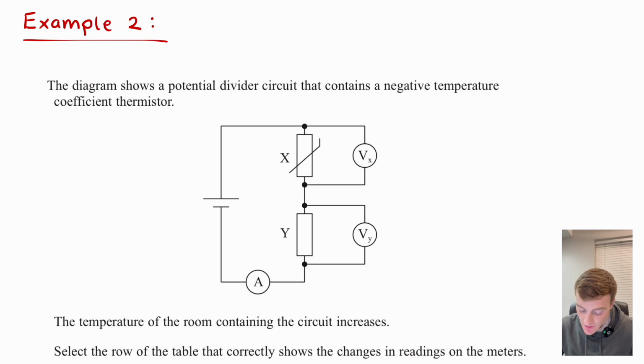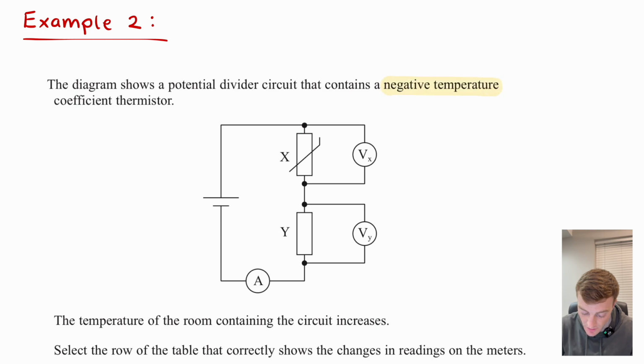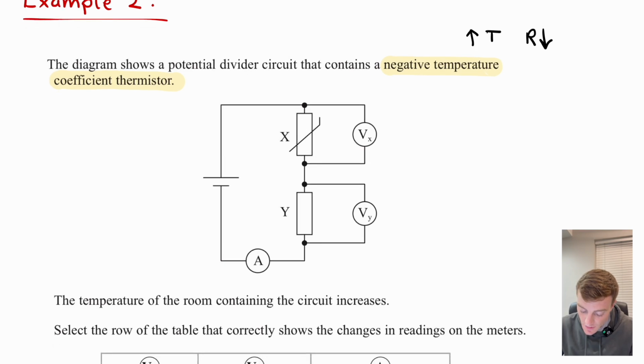The diagram shows a potential divider circuit that contains a negative temperature coefficient thermistor. Now we haven't covered these yet, but this just means if the temperature increases, the resistance decreases. That's just a fact you need to remember for now. Then it says, the temperature of the room containing the circuit increases.